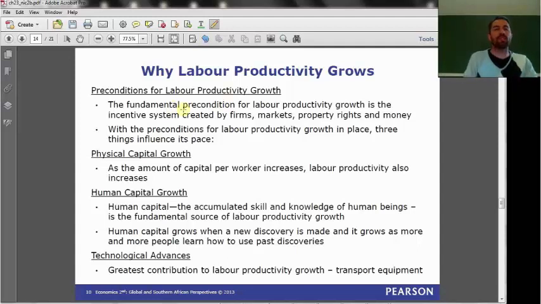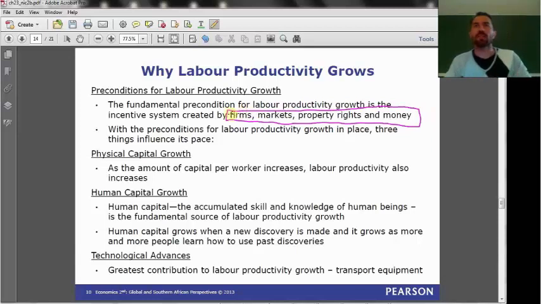Labor productivity growth. The fundamental precondition for labor productivity growth is an incentive system created by firms, markets, property rights, and money. Okay? So here we have a similar kind of story to what Niall Ferguson was talking about. Something promotes growth. What is it? It seems to have something to do with firms and markets.